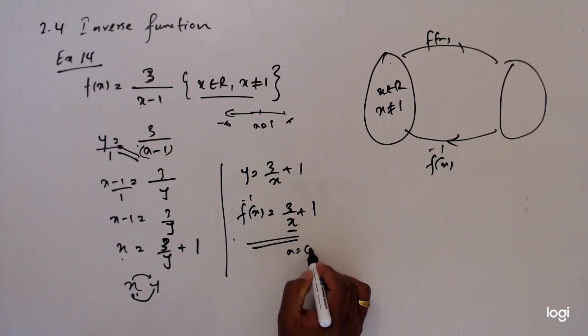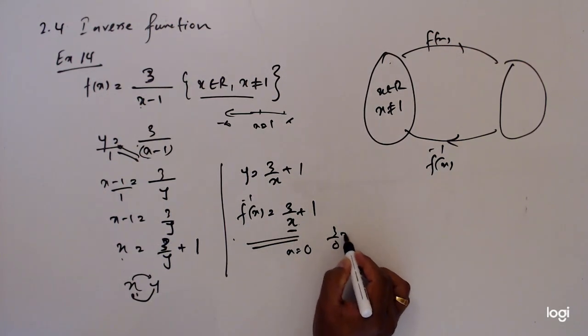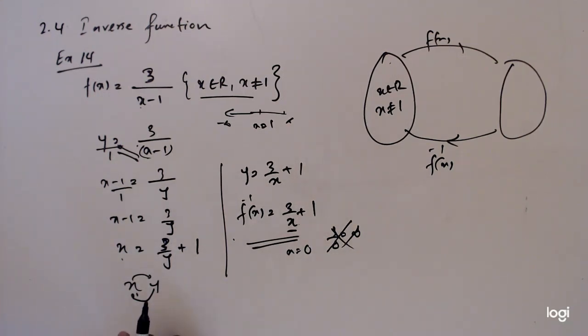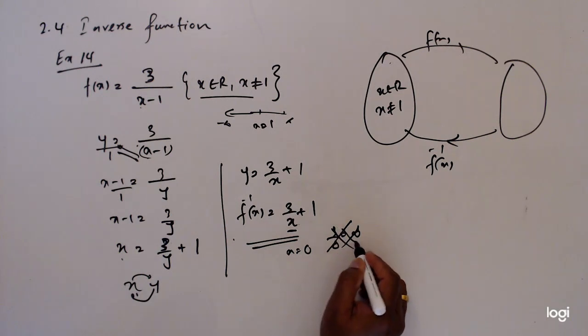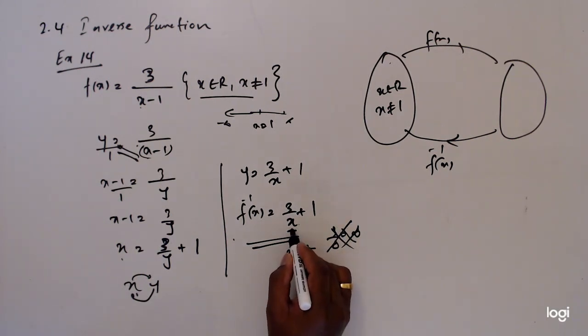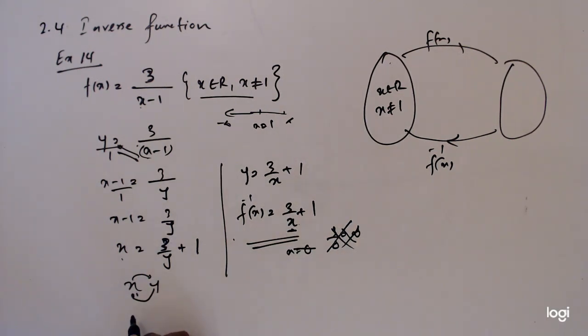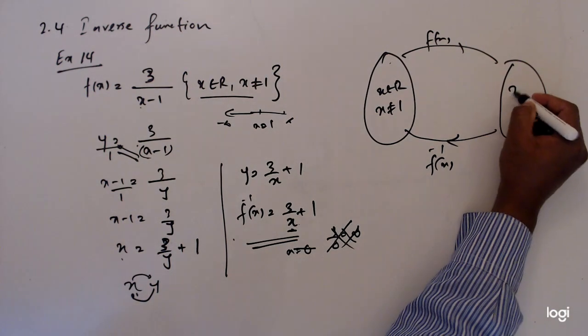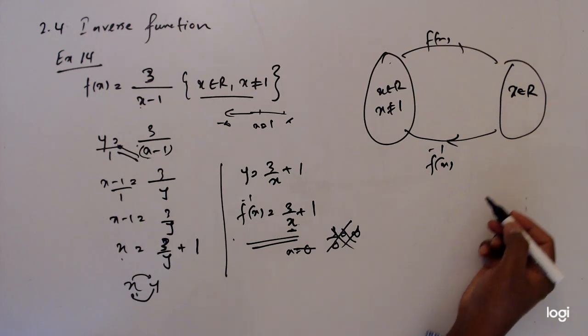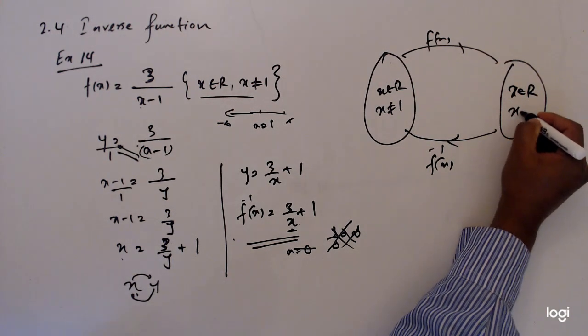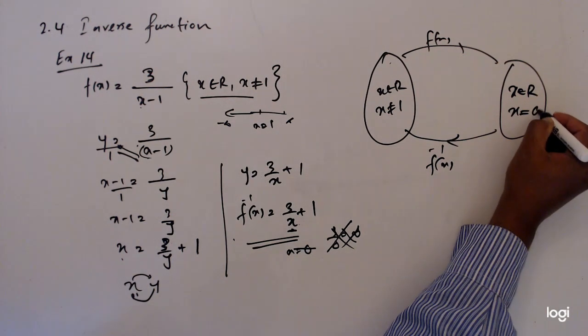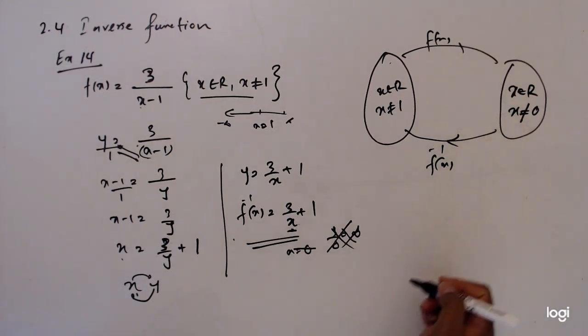If I put x equals 0 here, 3 over 0 is going to be infinity, so that is not an acceptable answer. Infinity is not an answer. Hence, I can put any value except x equals 0. Then x belongs to real numbers, but I can't put x equal 0.